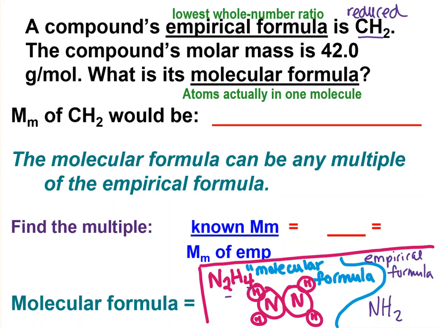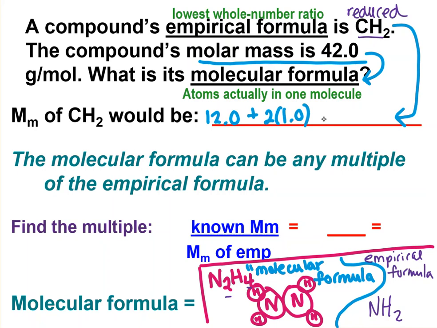When we see a molar mass, this molar mass is for the molecular formula. It's like the total, so it would be for the big one. What would the molar mass of the small one be? If this is the reduced, what would its molar mass be? To get it, we would say 12 for carbon plus 2 times 1 for hydrogen.